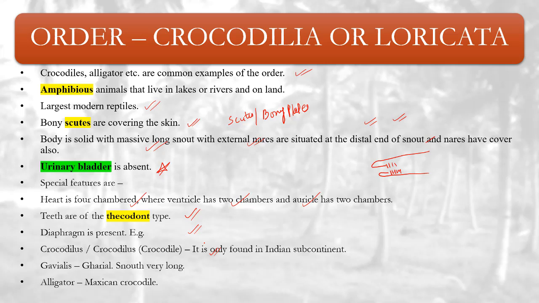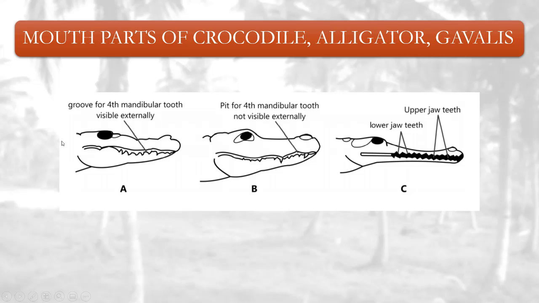So this was the order Crocodilia or Loricata. These are some common characteristics. Here you can compare a crocodile, then alligator, and then Gavialis or ghadial.